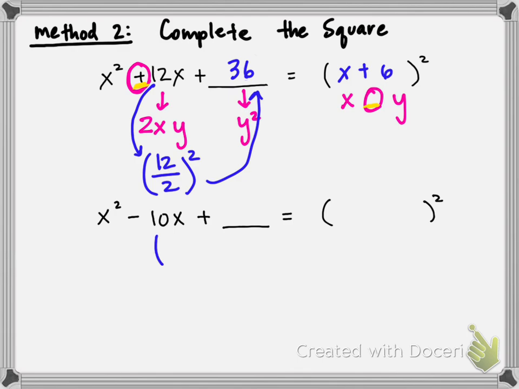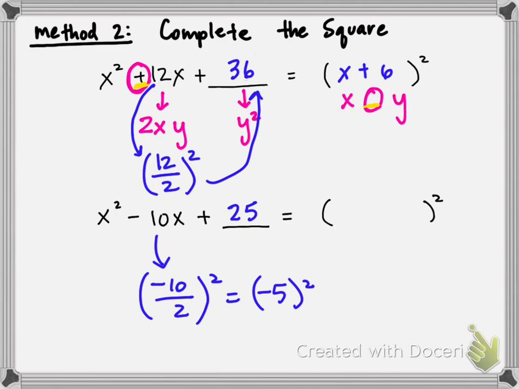Now, down on this next example, I'm going to do it like this: (-10 divided by 2) squared. I'm going to simplify that to say (-5) squared. When I square -5, I'm going to get a positive 25. And then over on this other factor, the -5 is just going to come over here. So we have (x minus 5) quantity squared as the factor of that.